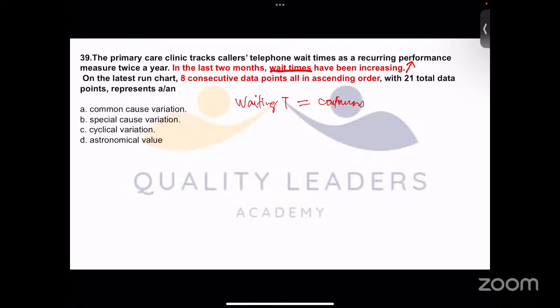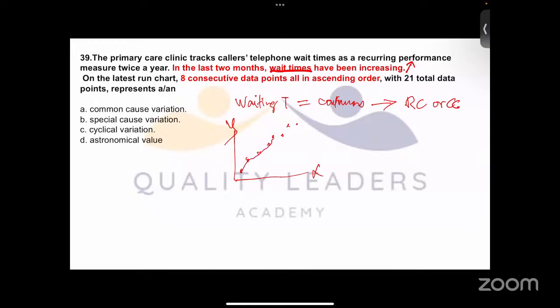data, it should be displayed on a run chart or the control chart. Now they mention the 8 consecutive data points in ascending order. So what does this indicate?